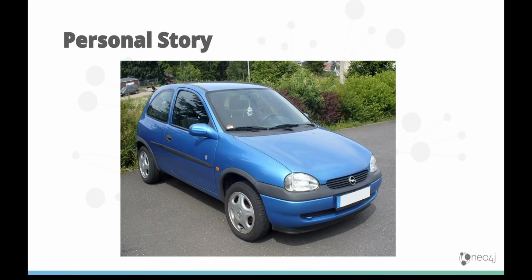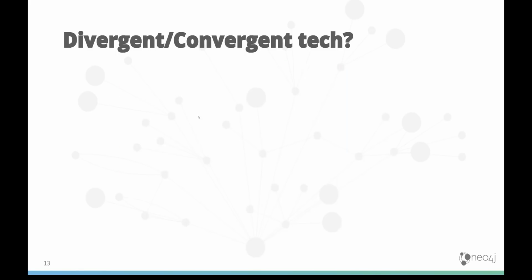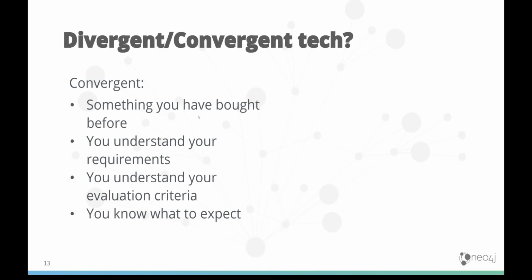And this is very relevant to what we're experiencing today when people are adopting or buying into graph-based solutions. Why? Because the decision-making process for divergent and convergent technologies is completely different. A convergent technology is something that you've bought before.